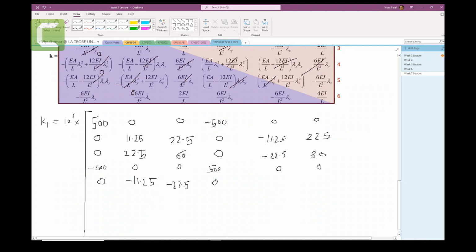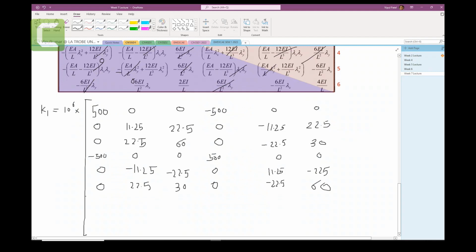Lambda x 12 EI on L cubed, 11.25. This one minus 22.5. This one 0. 6 EI on L square, 22.5. 2 EI on L, 30. Lambda y, 0. Lambda x minus 22.5, and 4 EI on L, 60.